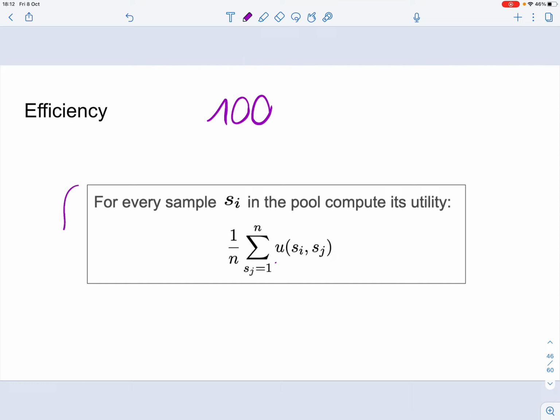What I have here is an excerpt from the algorithm I've shown earlier that shows that because you have to compute the utility of each sample Si, you have to call the utility function several times to compute the utility of one sample only, because you have to compare it to every other sample in the pool.